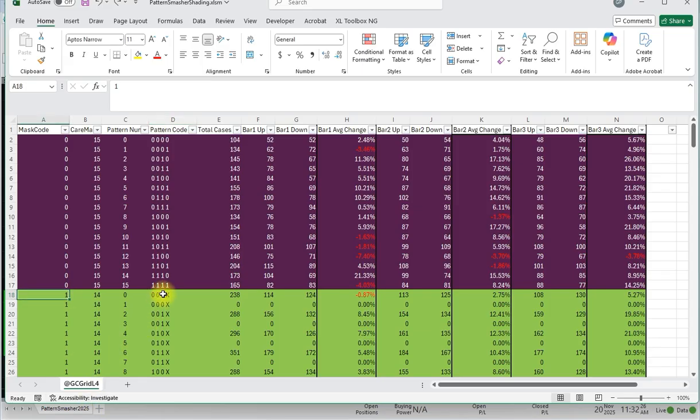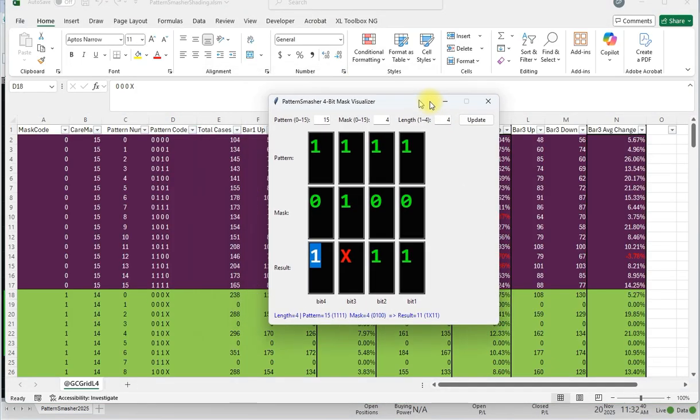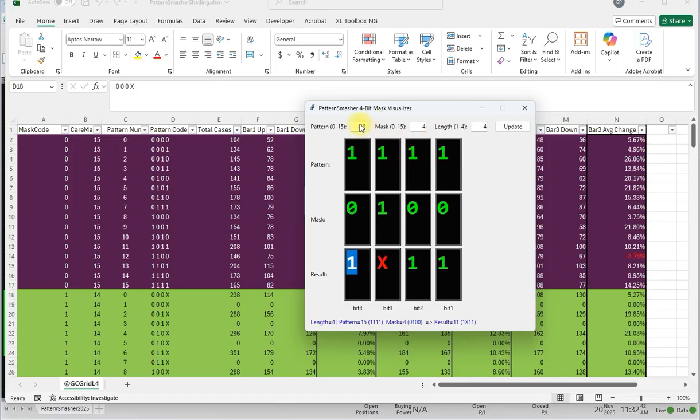And the pattern that is produced is 0, 0, 0, X. X means I don't care. It's a don't care bit. If it doesn't have an X in it, it's called a care bit. And let me show you how that works. So if we have pattern 0 and we mask it with 1, we update that, we get this.